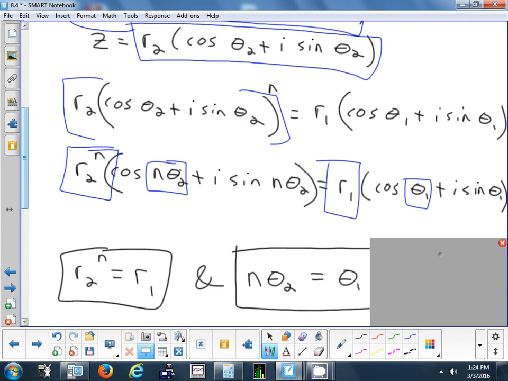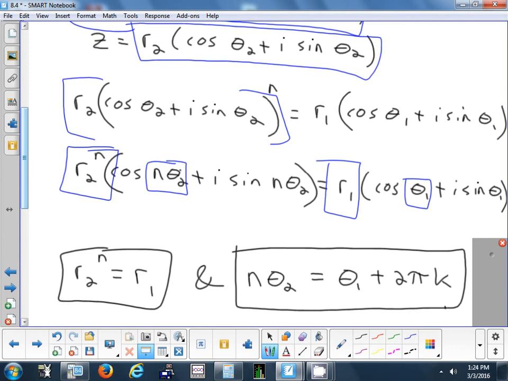Now, what did we say you can add or subtract to an angle, and it doesn't change the angle? 360. So the angle on the left has to match the angle on the right, or anything that is coterminal with it. You can add or subtract 360. And this is where the multiple answers are going to come from.